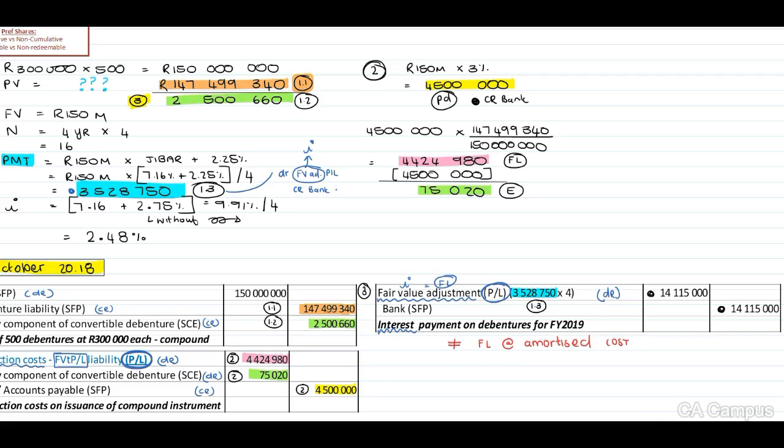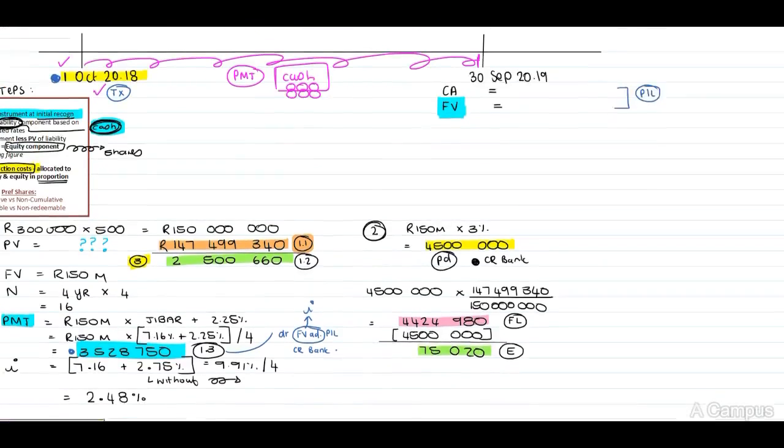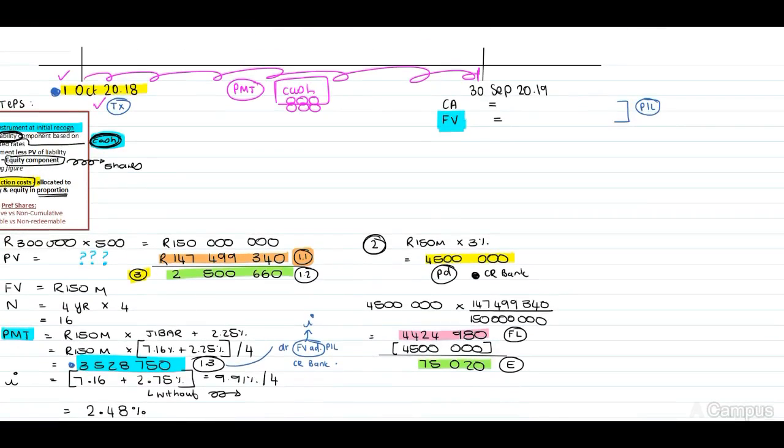Okay, now look at your timeline for me. What is our next step? Our next step is that we need to determine the fair value adjustment at year end, because remember now that our liability has to be recognized at fair value at year end and the records of BB.